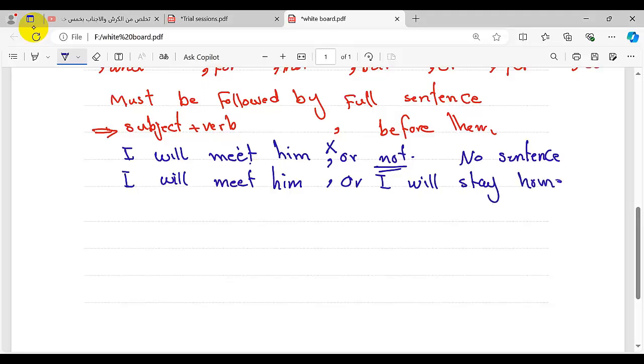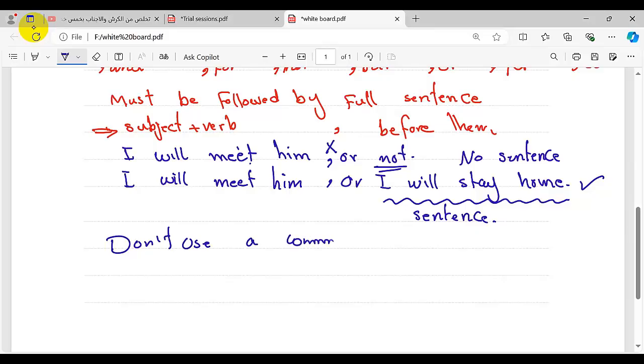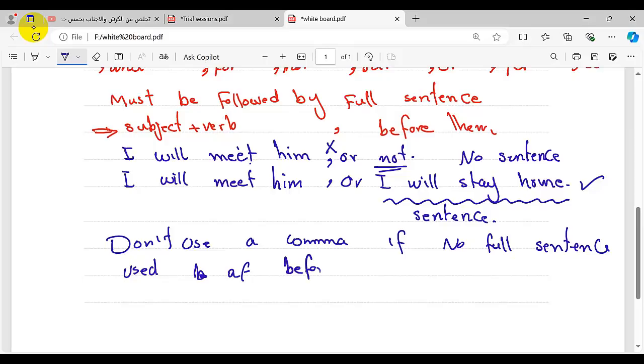This is correct because or here is followed by a sentence. Again, the rule is: don't use a comma if no full sentence is used after the fanboys.